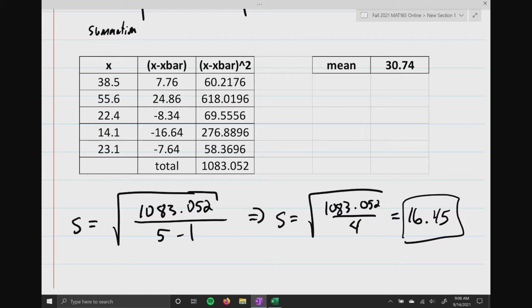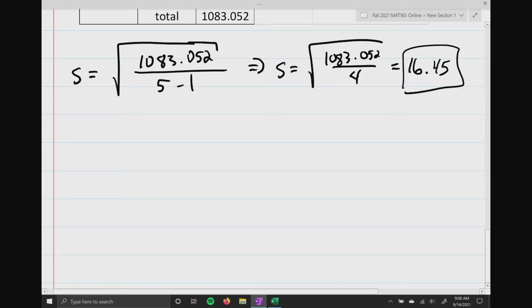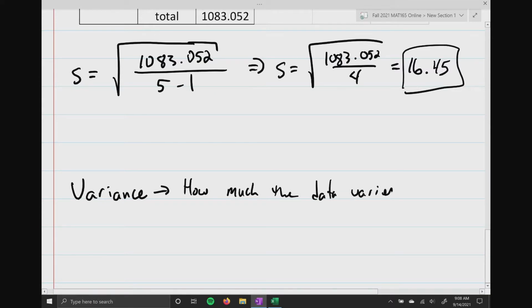Now, another way that we measure variability within the data itself: the standard deviation gives us a distance away from the mean, and the other type of variability is called the variance. A way to think about the variance is how much the data varies from all its values.